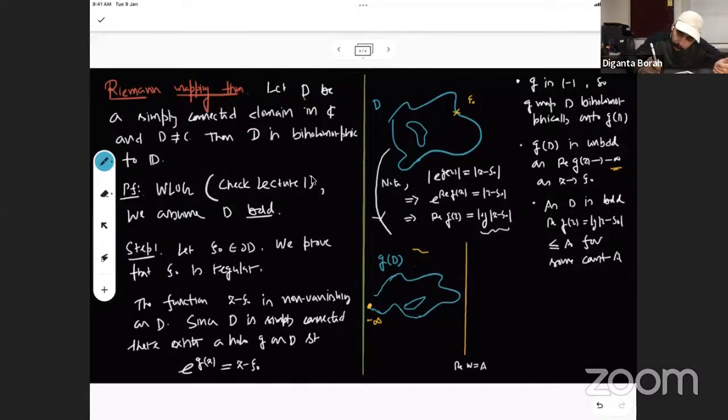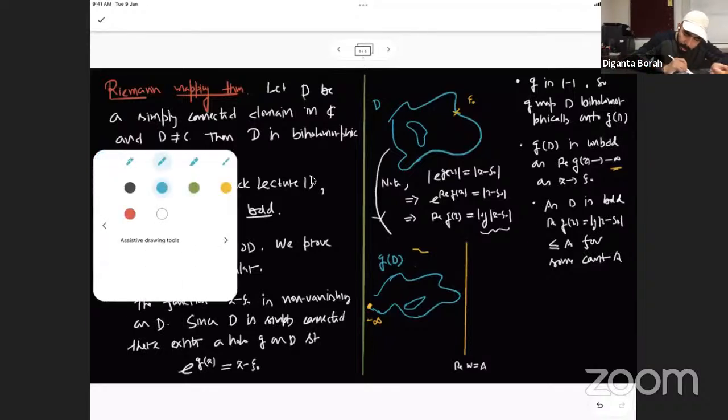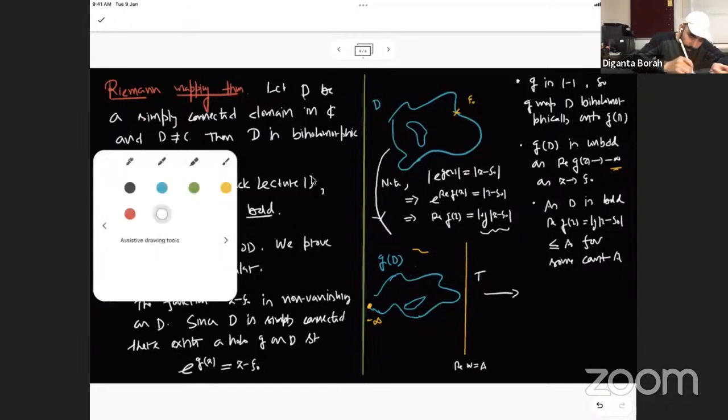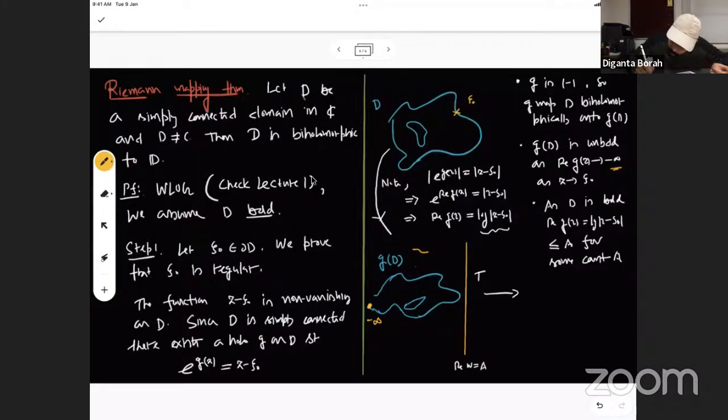For example, this yellow line I can map onto the unit circle, and I can also ensure that the left side goes to the inside. So I can now consider a transformation, say T, a Mobius transformation actually. This will take you to the unit disk. So this is one.